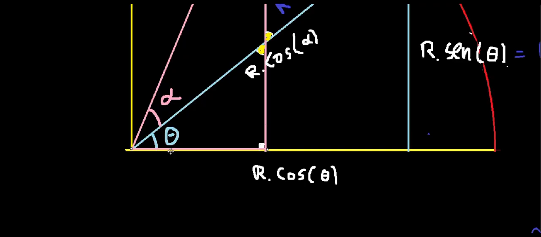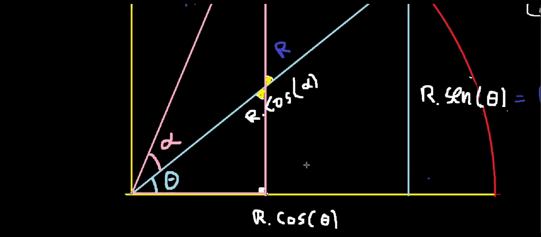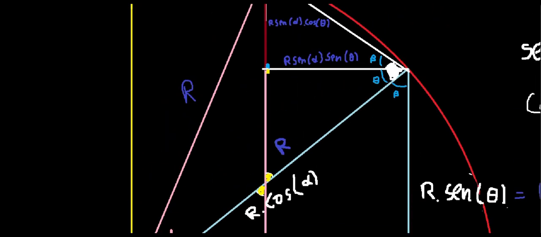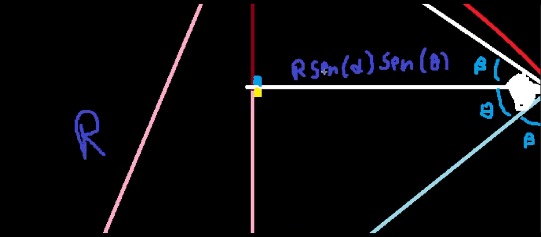What we need, the pink line, is the white line sine of alpha multiplied by sine of theta.